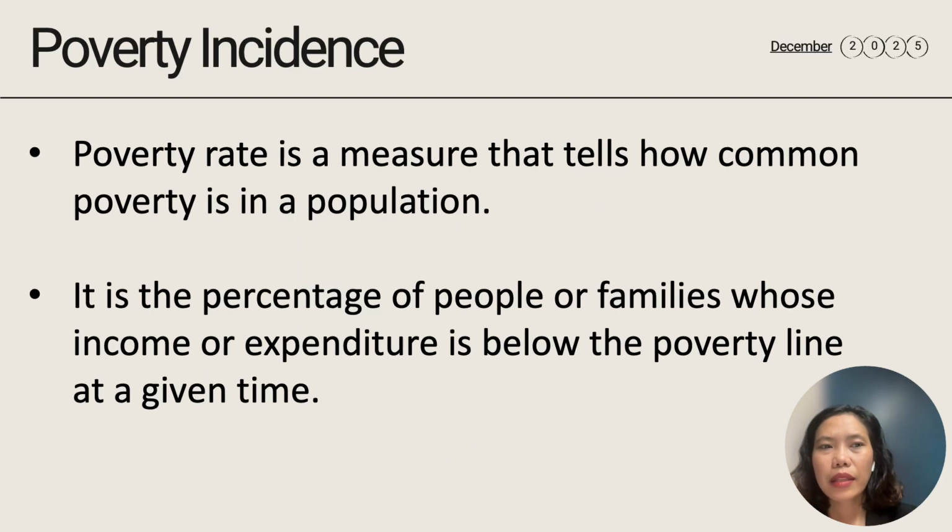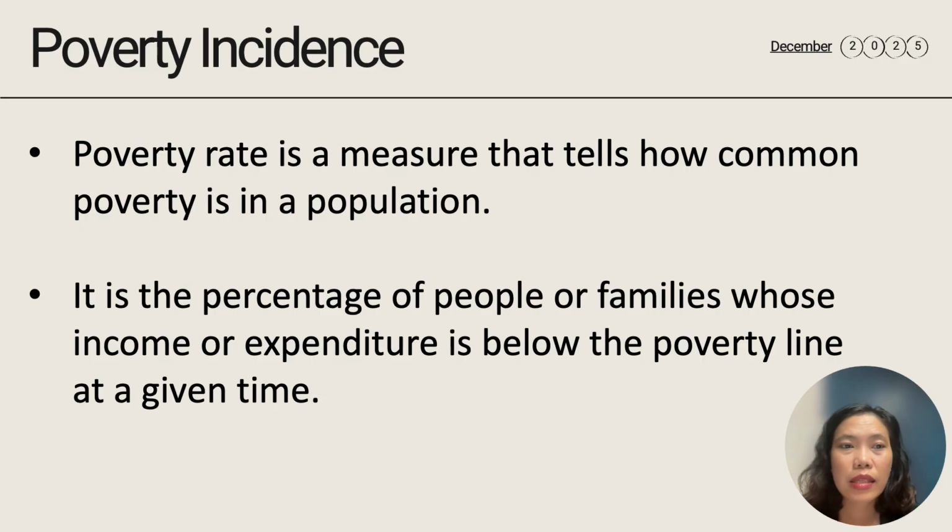So the poverty rate again measures how common poverty is in a population. It's the percentage of families whose income falls below the poverty line at a given time. So it measures the extent of poverty and how widespread poverty is in a country, just like the Philippines, or in a region, and the changes in poverty over time.